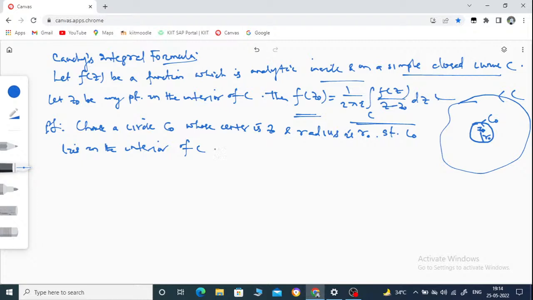C naught is a circle whose center is z naught and radius is r naught. This lies in the interior of C.